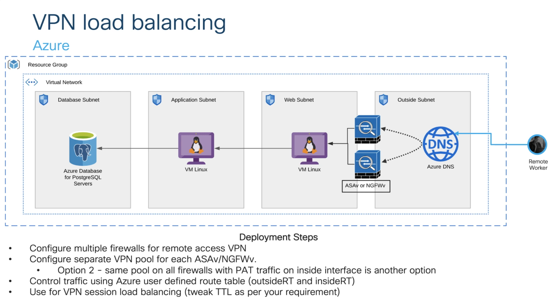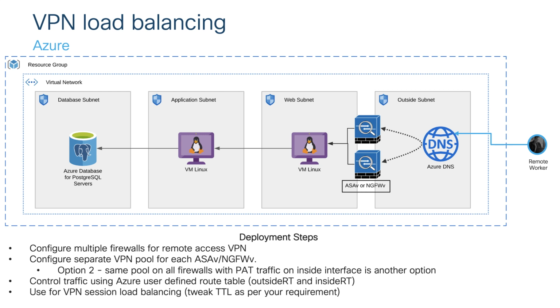So there are two options. First, you can have the same VPN pool for each firewall, and then you source NAT any inbound traffic to your inside interface.